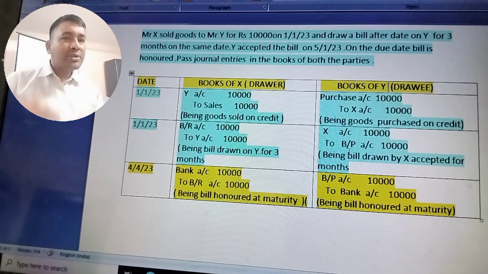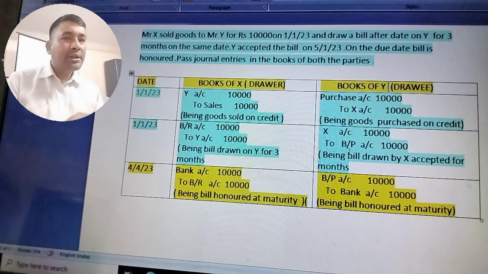When the bill is drawn, X will debit bills receivable and credit Y account, because while selling goods to Y, Y has been debited. So after acceptance of the bill by Y, Y should be given credit. So when the bill is drawn, every time the entry will be bills receivable to drawee, okay?